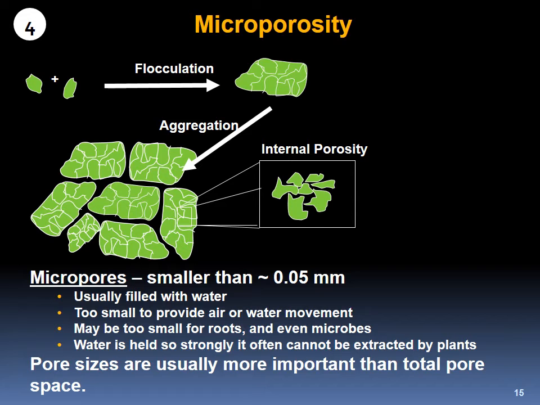They are usually less than 0.05 millimeter, and they are referred to as microporosity. Those are usually filled with water, but it is very slow. They are too small to allow water and air to pass through them, and even the roots and the microorganisms. And if water is there, it will be tightly held, so plants cannot use it and cannot extract it.